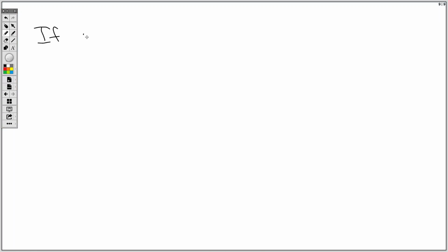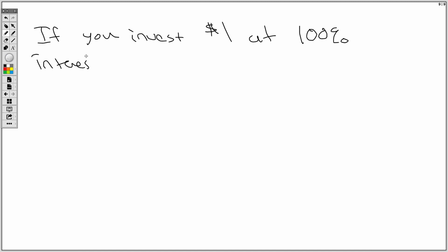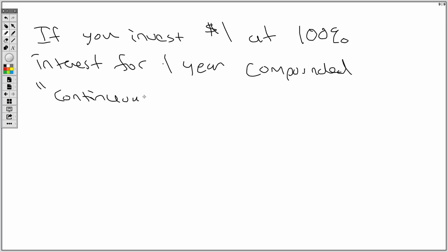So if you invest $1 at 100% interest for 1 year, and you compound continuously, you'll have E dollars.